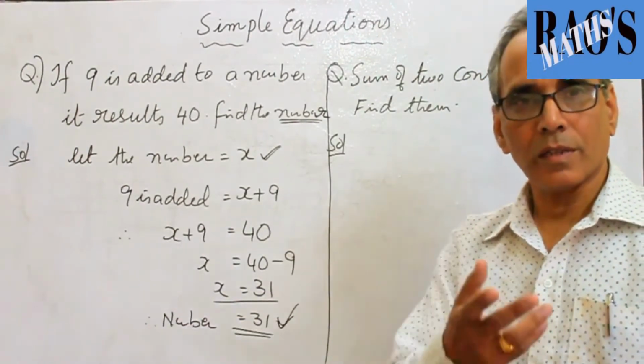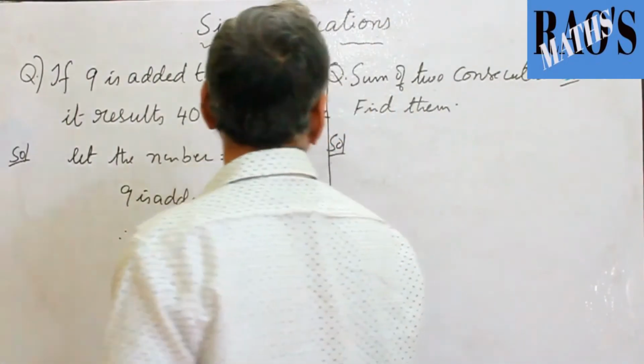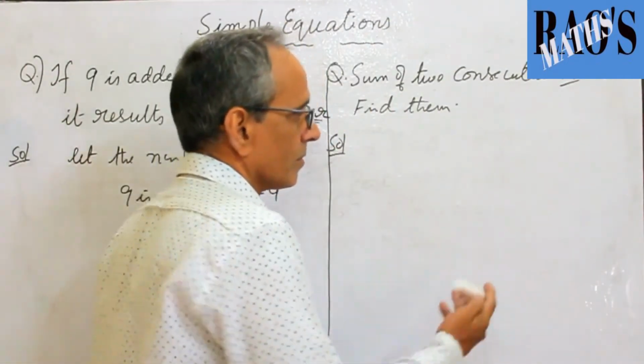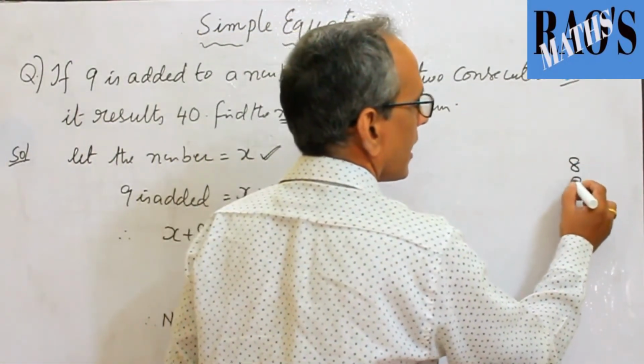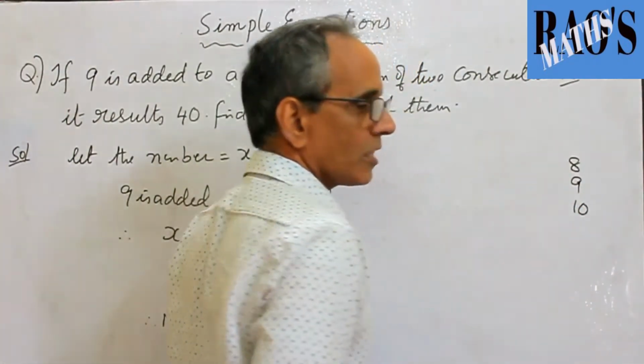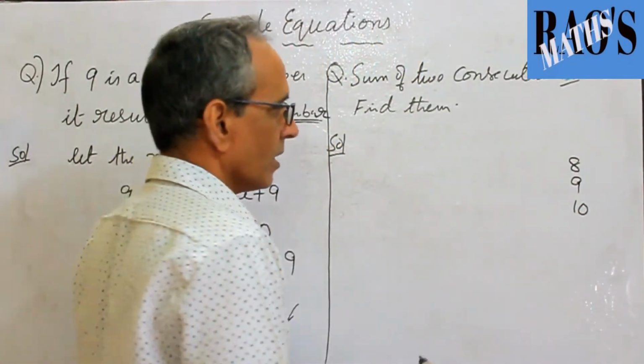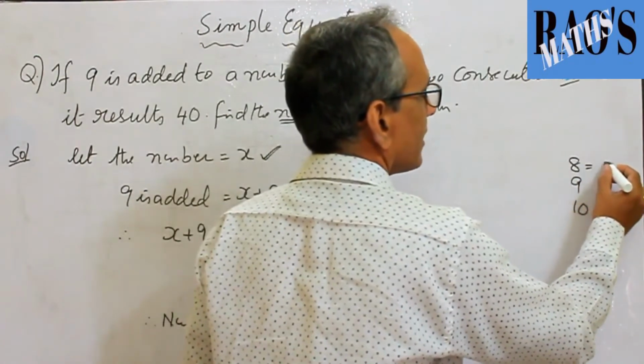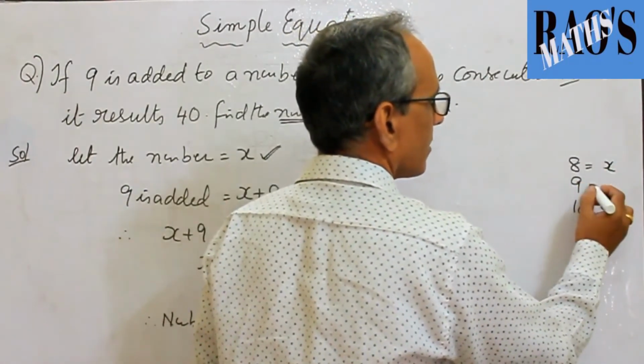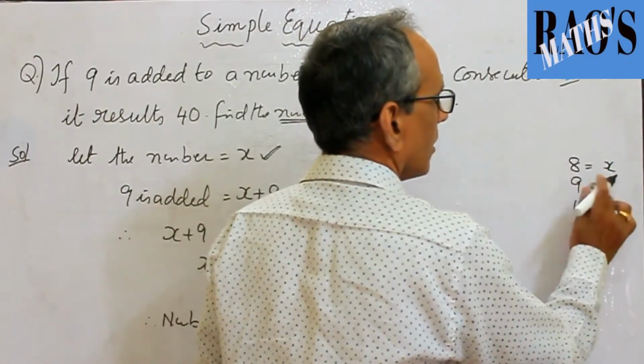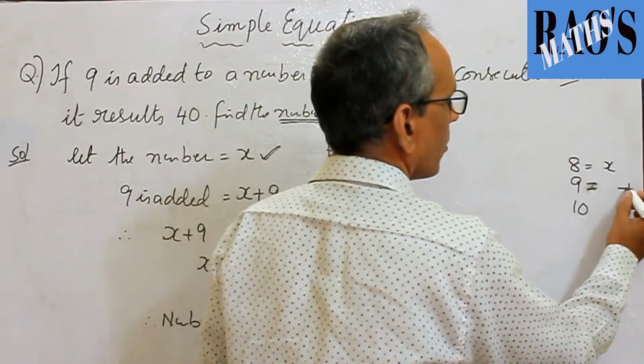Suppose we see the series 8, 9, 10. These are consecutive numbers. If I define the first term as x, then the next is 1 more than x.